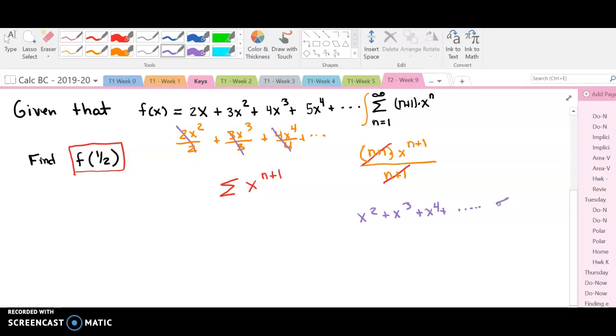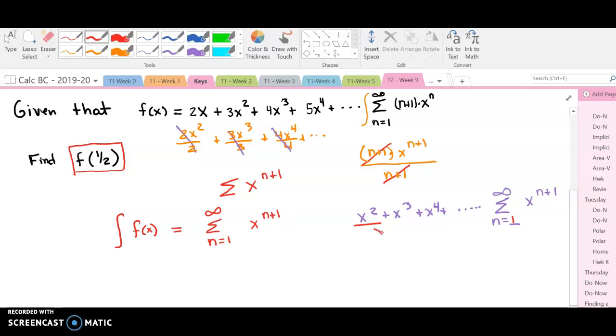And my final is the summation from n equals something to infinity of x to the n plus 1. Well, how could I start with the right first term? n would have to be 1, so that 1 plus 1 would give me that x squared. So that means that the integral of f of x is really equal to the summation from n equals 1 to infinity of x to the n plus 1.